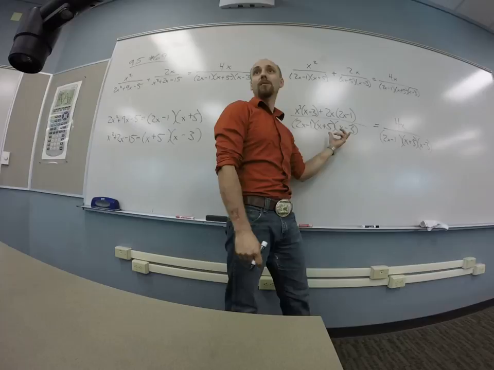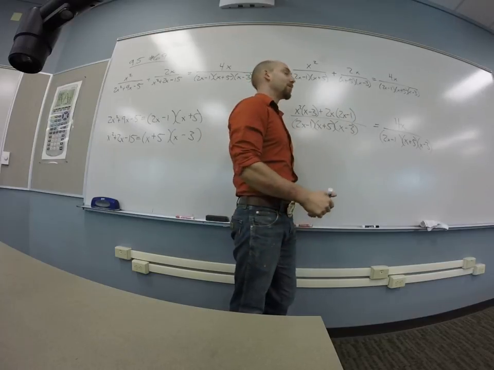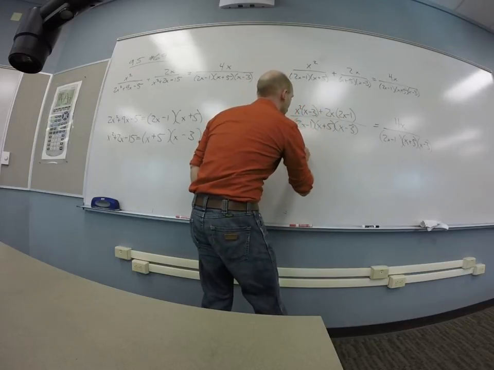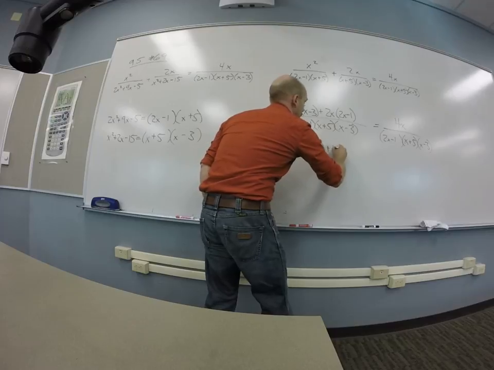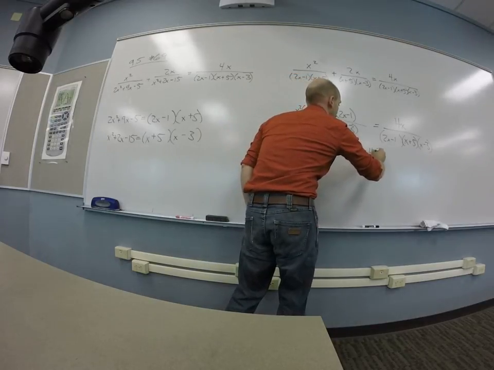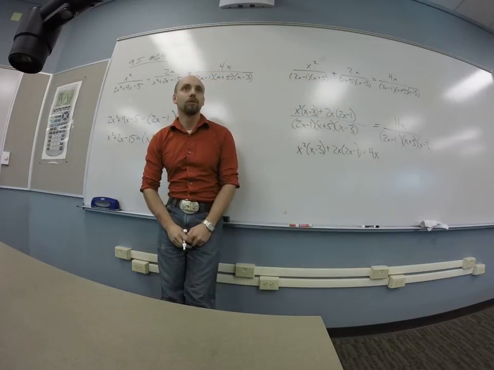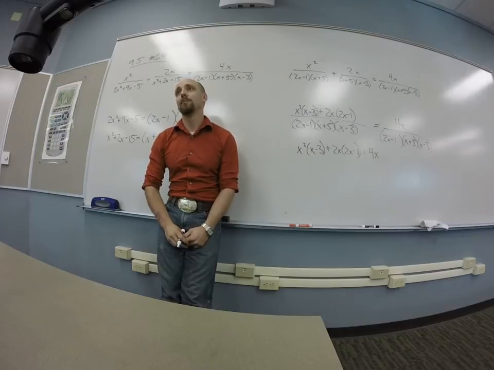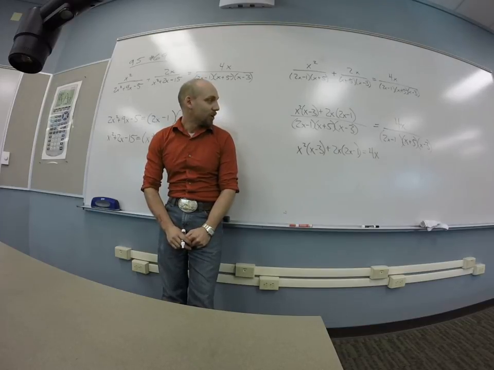If those are going to be the same, the tops have to be the same. Or we could multiply through by the common bottom. Either way, you're going to end up with x squared times x minus 3 plus 2x times 2x minus 1 is 4x. Cool? That trick only works if they have the same bottom. Forget the bottoms is not exactly a mathematical operation. Okay, so how do I solve this?